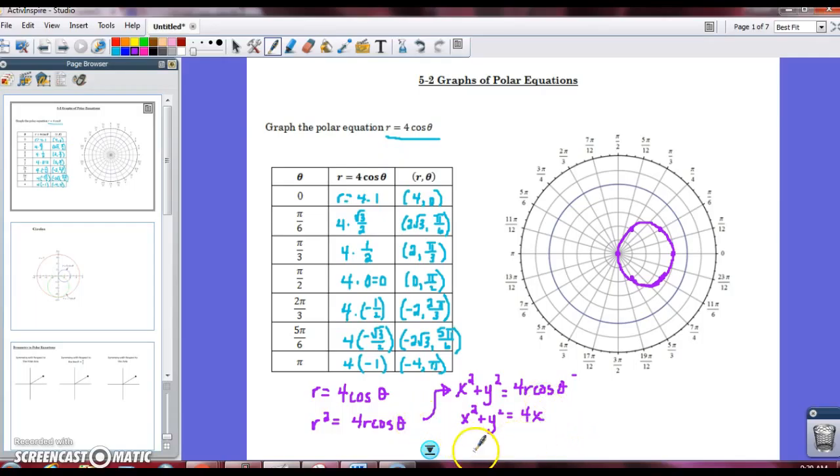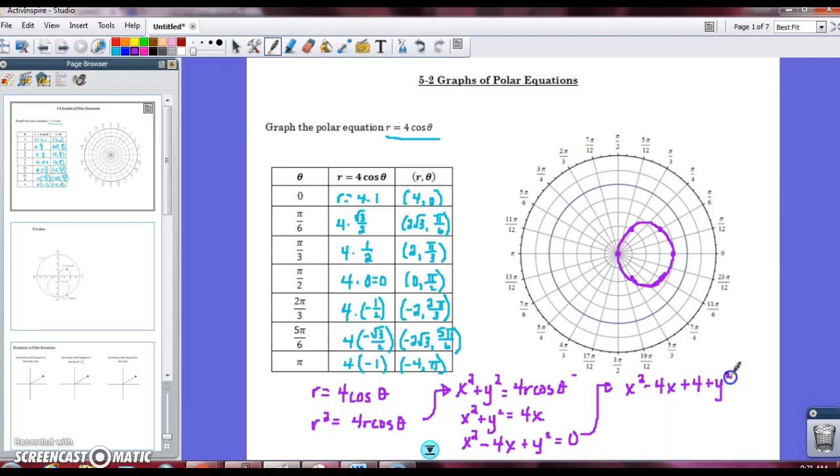And so if I move that 4x over to the other side, that gives me x squared minus 4x plus y squared is equal to 0. And now what I would have to do is complete the square. Okay, so I'm incorporating stuff that we haven't done in a while. But remember, when you complete the square, you take half of that x term and square it. So half of -4 is -2, squared is 4.